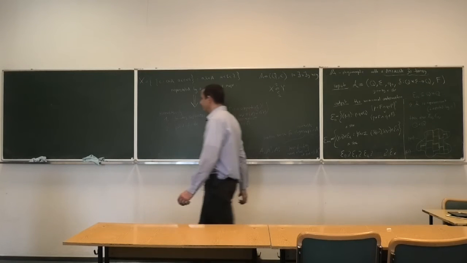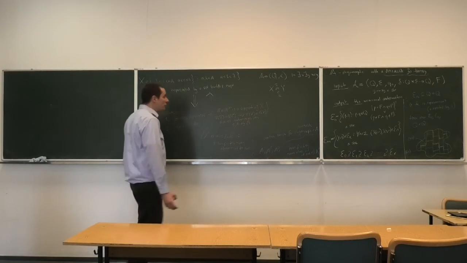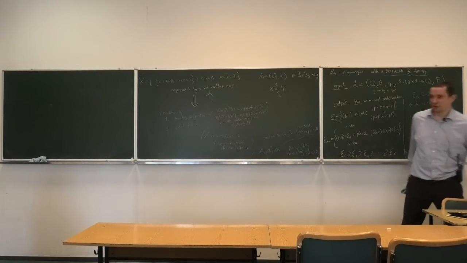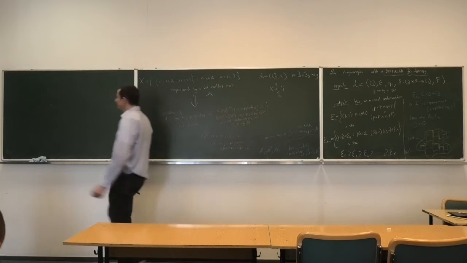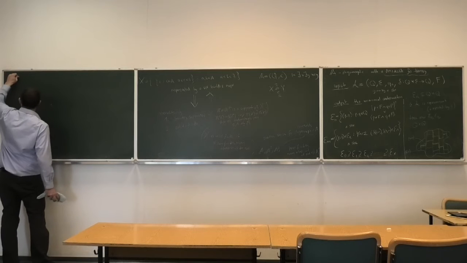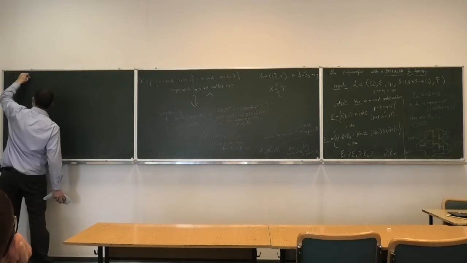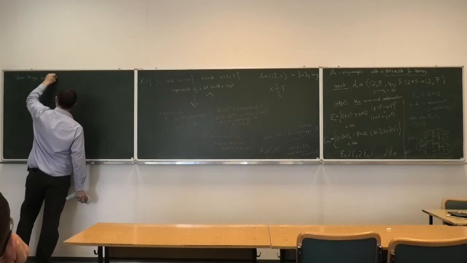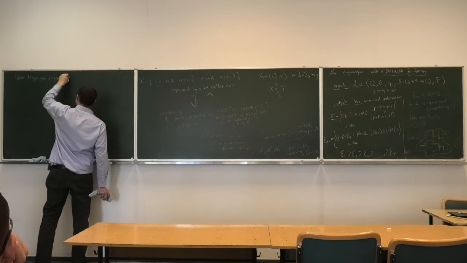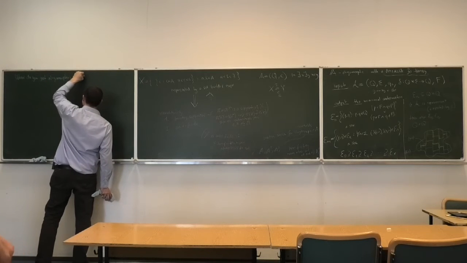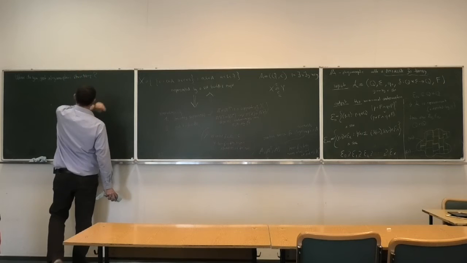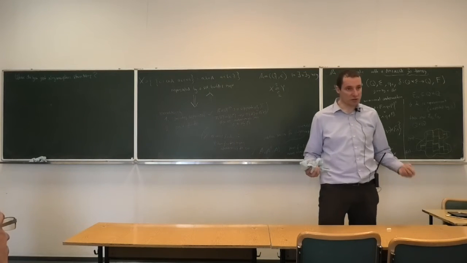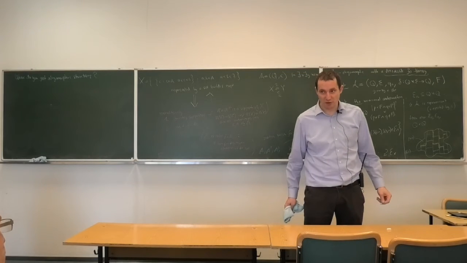Okay, so let's continue. So now we have seen the usefulness of oligomorphic structures, but where do you get oligomorphic structures? I'd like to finish today's lecture by giving you a construction which allows you to create oligomorphic structures.